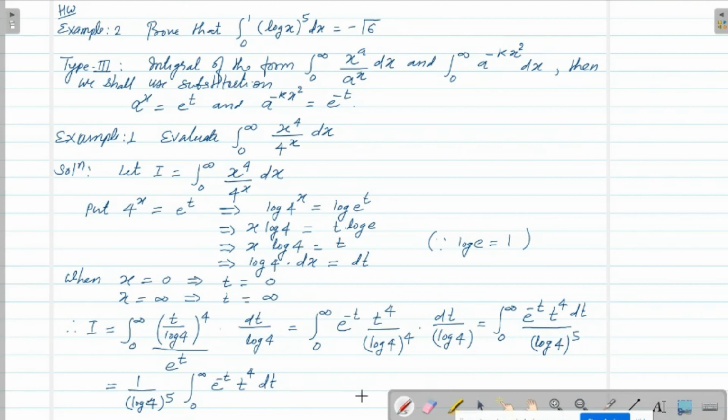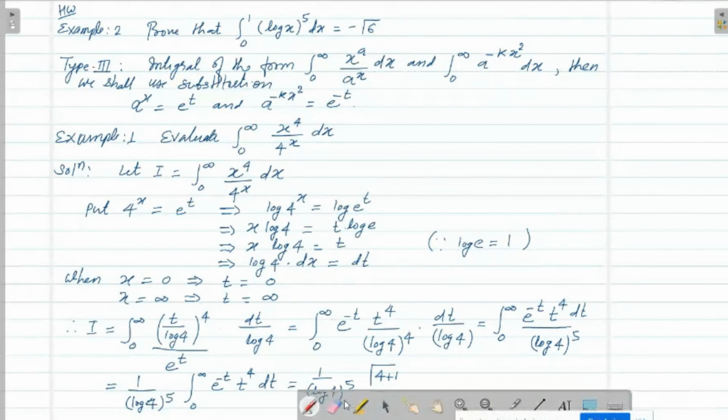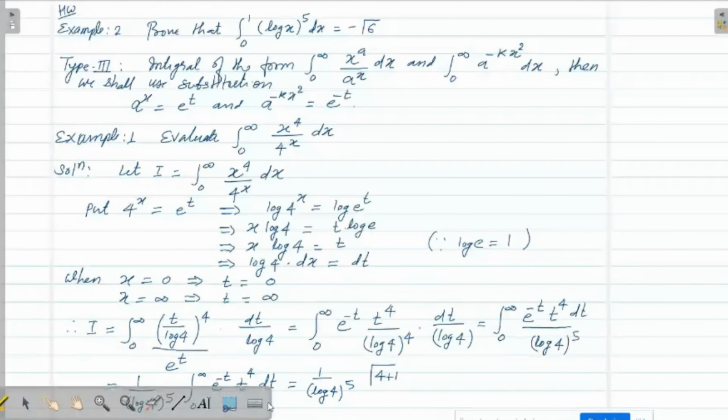This is the definition of the gamma function. Yes or no? So this is equal to 1 upon log 4 to the power 5, you just write down gamma 4 plus 1. I'm using the second form of the definition of the gamma function.